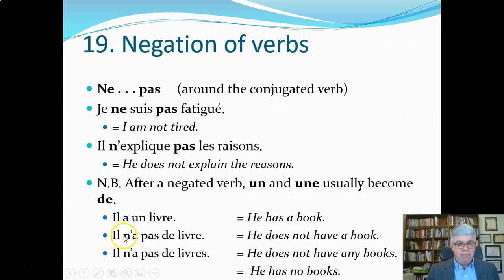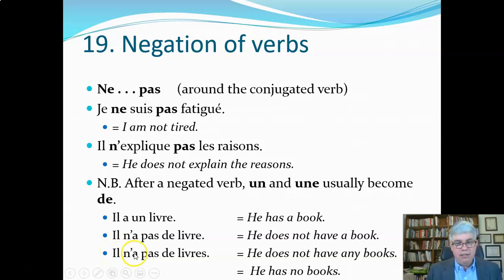If we make it negative, put the ne and the pas around the avoir, and so the ne, because those little e's contract all the time: il n'a pas de livre. That means he does not have a book. So that's the does not is the ne pas.